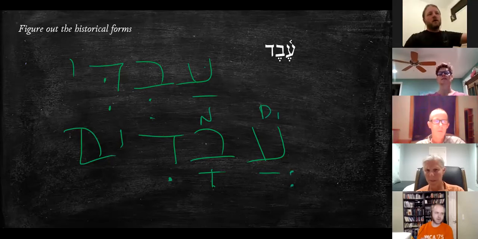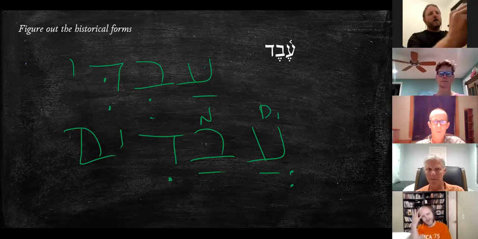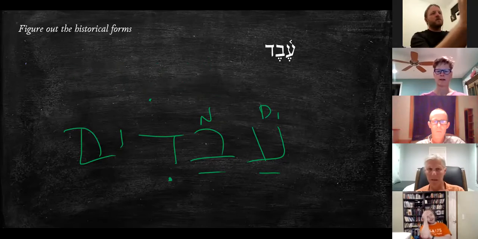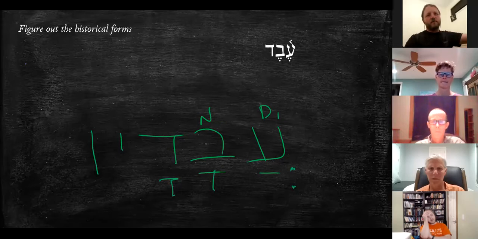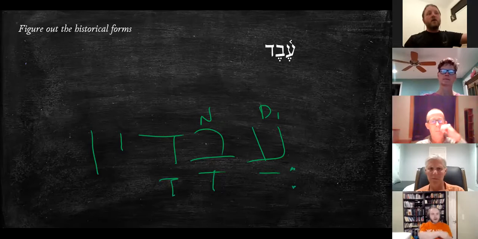Avadim. If we have his servants, suddenly instead of im, we have av. The near syllable lengthens, this distant reduces, avadav. This is what we have going on in all of these cases.